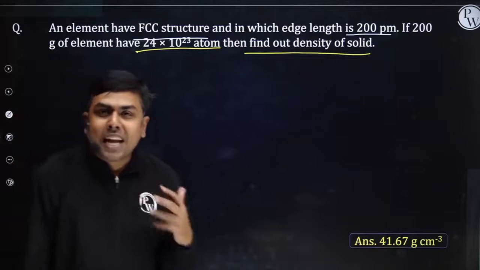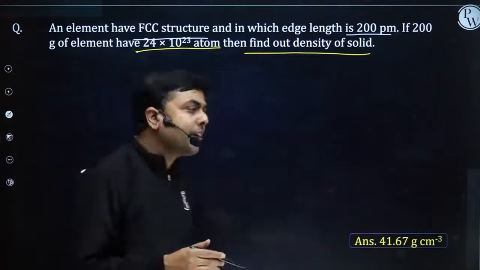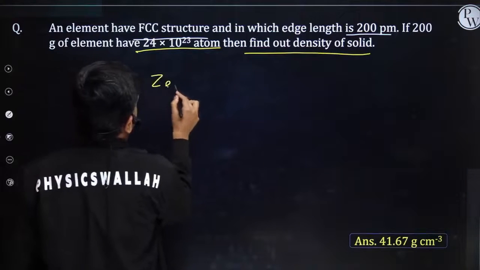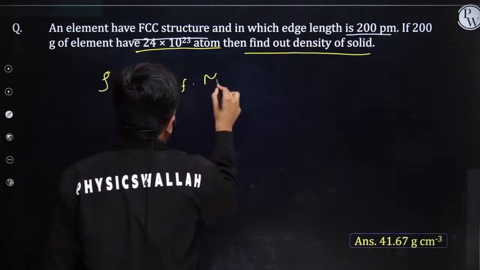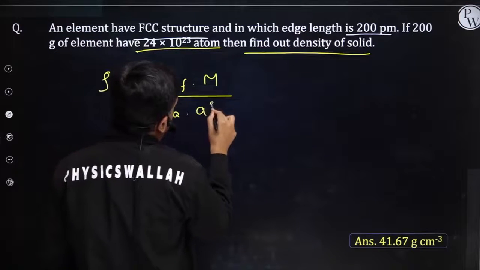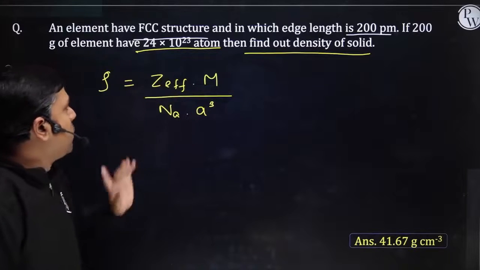Basically, we have to calculate the density of this FCC unit cell. How do we calculate density? Density is equal to Z effective into M, molecular weight, upon Na into A cube. Right, student? Okay. They have given the edge length. A is known to us.